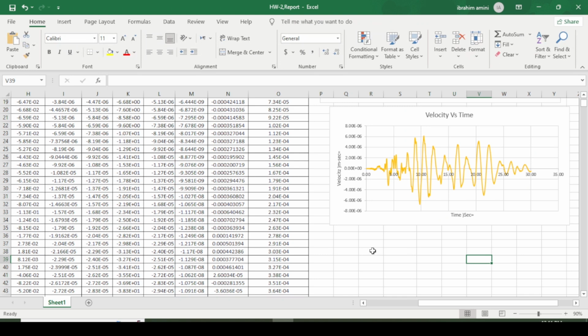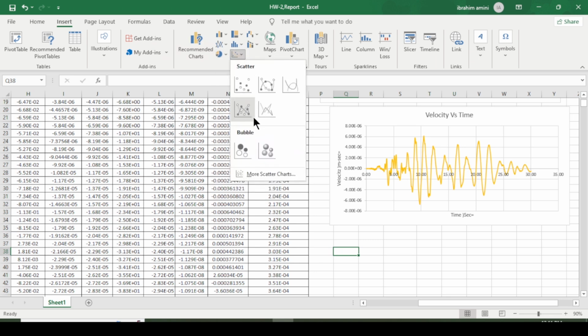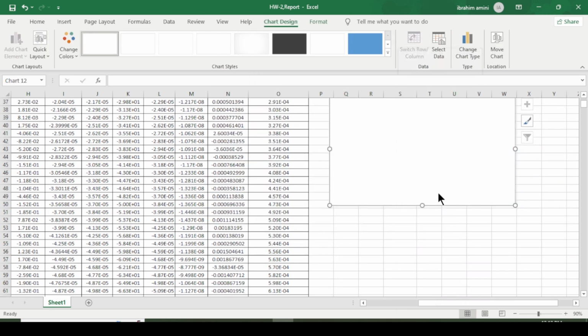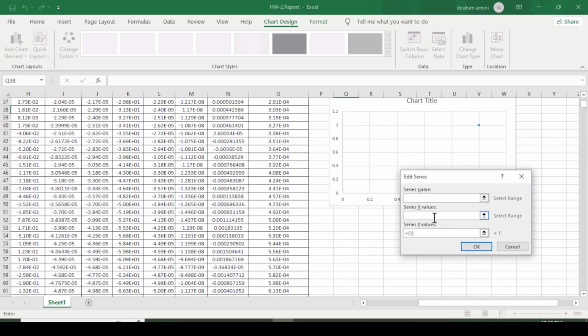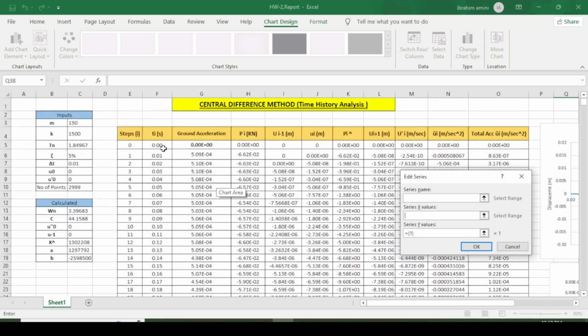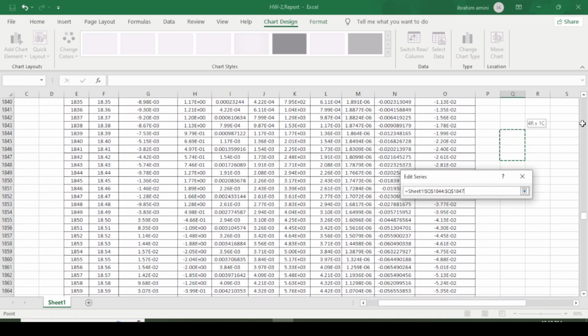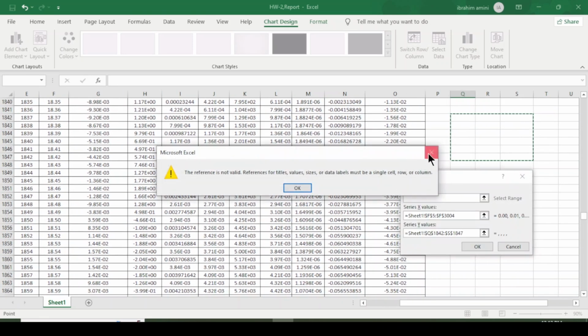Now we will do accelerations versus time. I'm going here to scatter, and select data, add X about time, select the whole time column, release, remove this value and select the total acceleration.